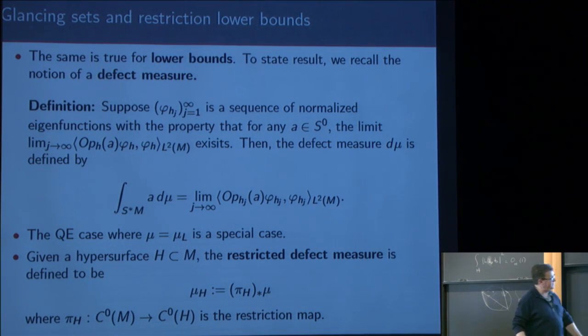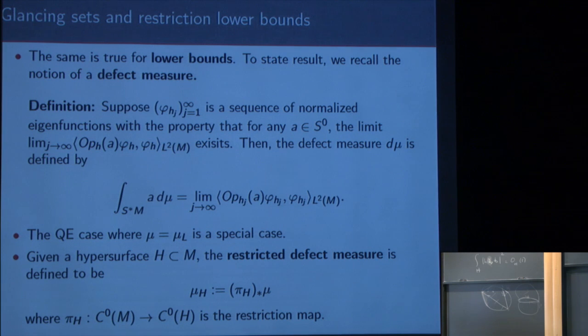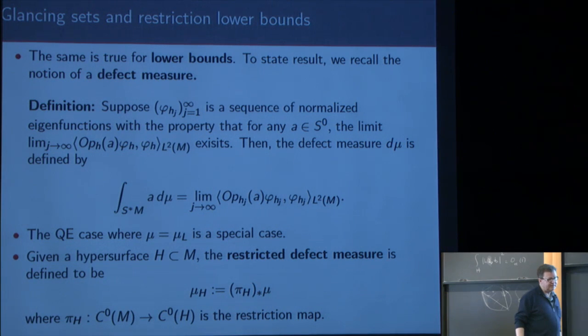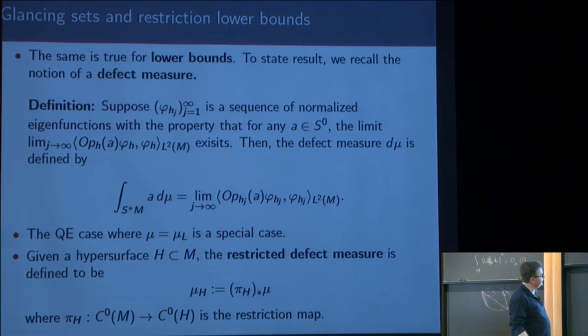Okay, so these are just general. If you take this example of the spherical harmonic, you compute the defect measure. It's a delta mass along the geodesic. So defect measures can be singular, or you can have all kinds of measures.